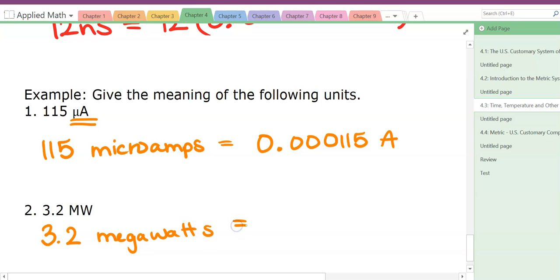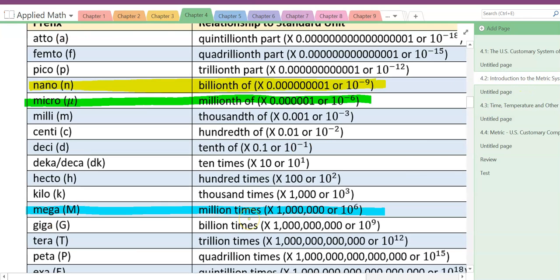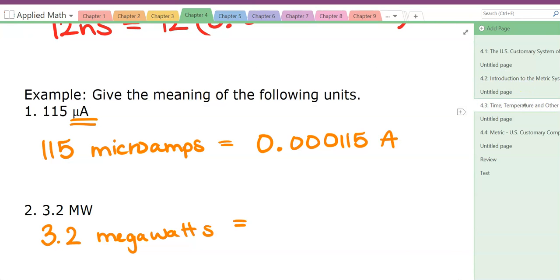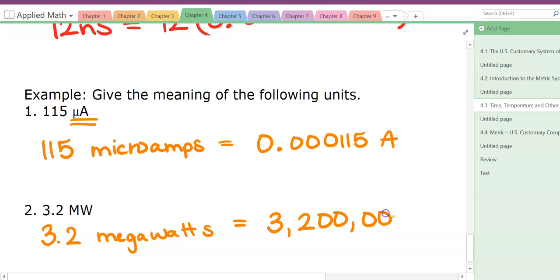Which is the same thing if we take that, because we said that mega is 1,000,000 times. So if you take 3.2 times 1,000,000, it would be 3,200,000 watts.